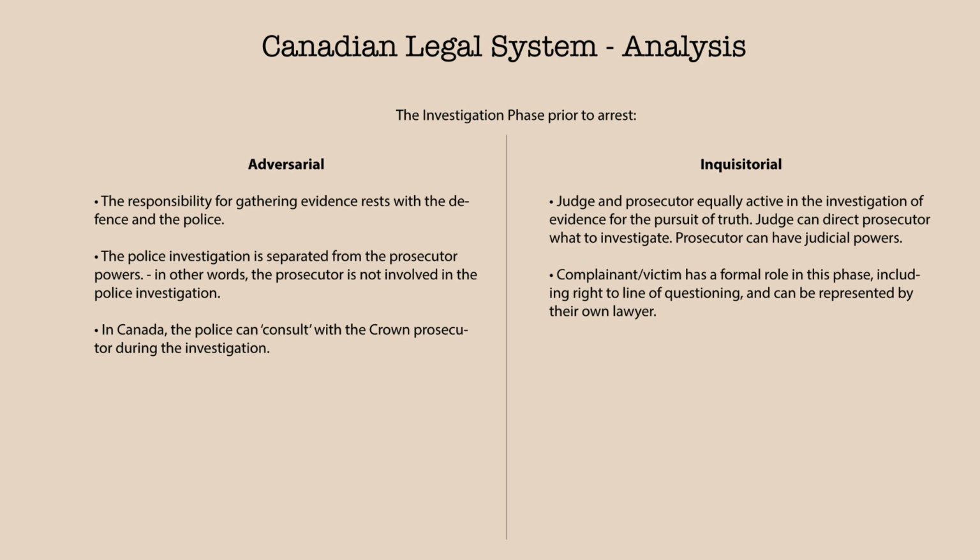Now, as we know in Canada, we have a Victim's Bill of Rights system that has essentially turned the victim into a formal party to cases, particularly in sexual assault, domestic violence, for example.